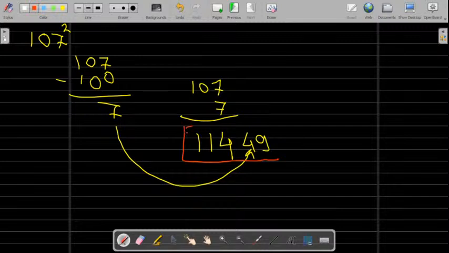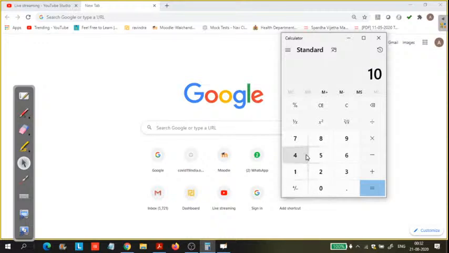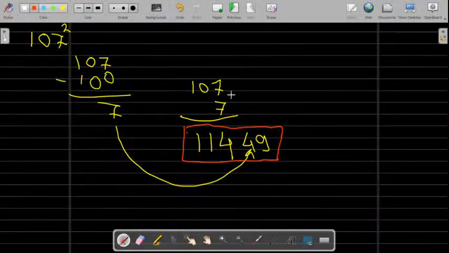So whatever this number is, 5 digits, that is the square of 107. You can just check it out: 107 square is 11449. What is the trick?